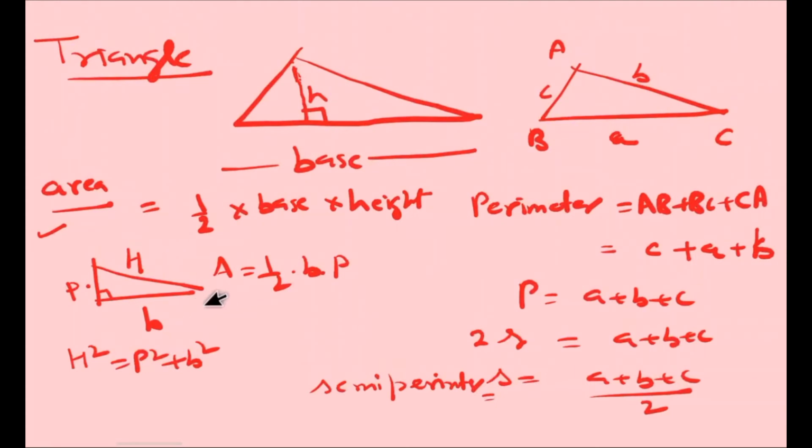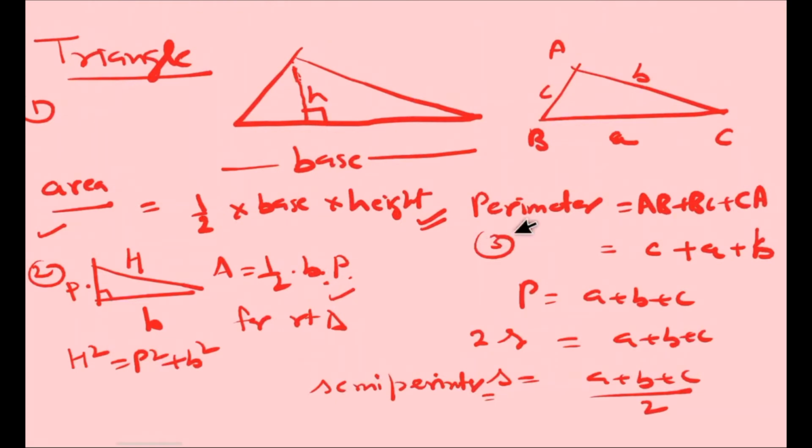So for a right triangle, the area is half into base into perpendicular. B is the base, and the height will be here. This one is the basic formula, and this is the basic formula for a right triangle. So you should understand this type of formula, perimeter and area.